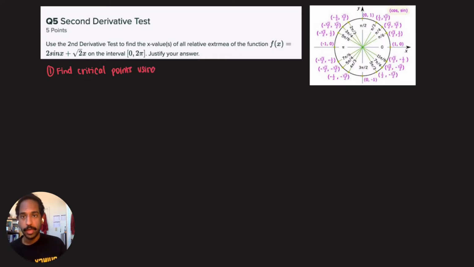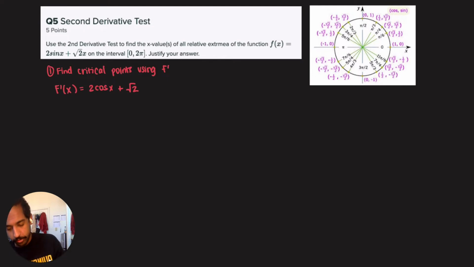And so when we do that, f prime of x is, well, 2 sine x, the derivative of 2 sine is going to be 2 cosine, plus root 2x. Now, this looks a little scary, but what you might notice is that this root 2 is just a constant next to the x. When we find the derivative of something with a constant, or something with just a variable of x, it's just the constant, so plus root 2 is our derivative.